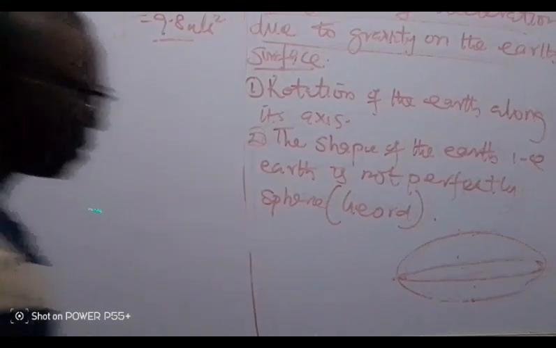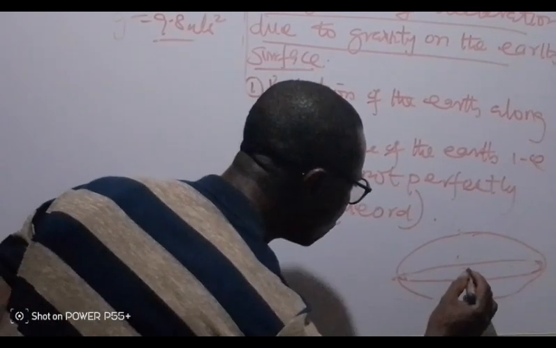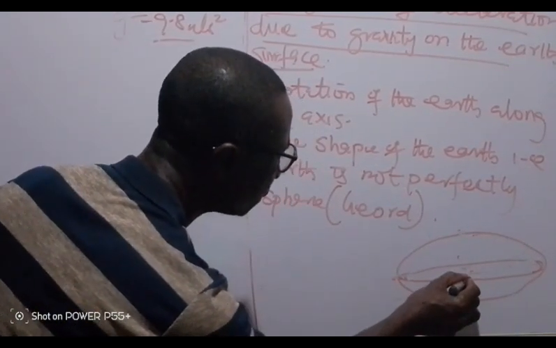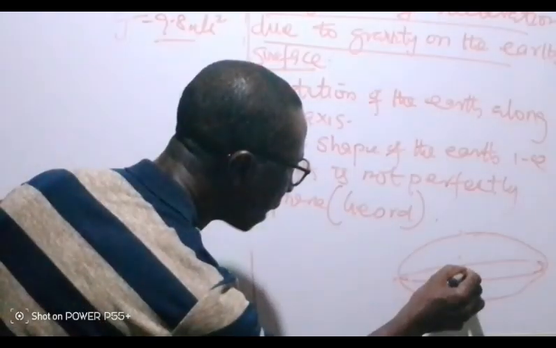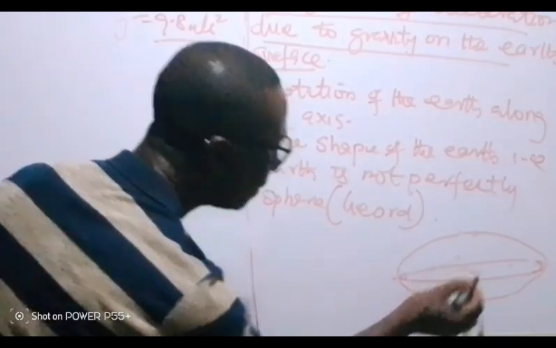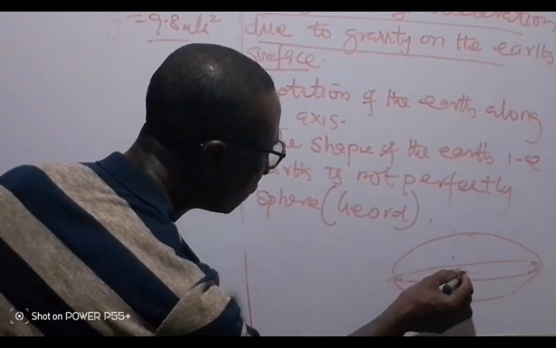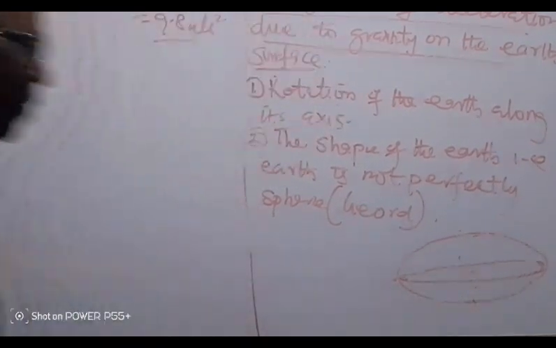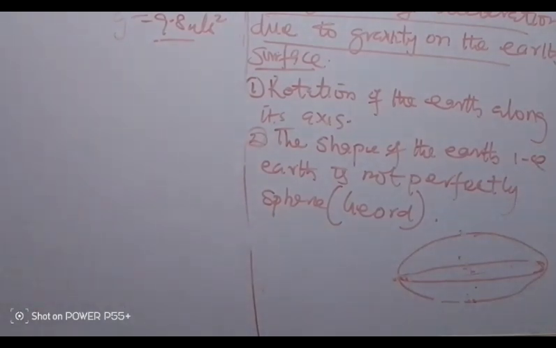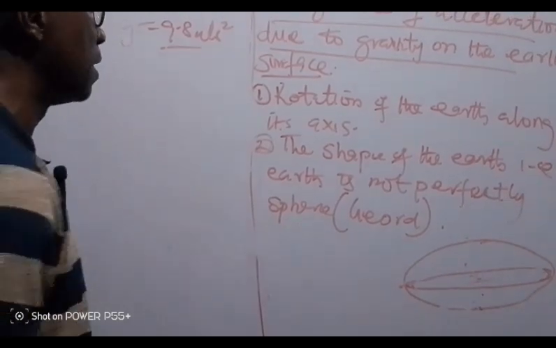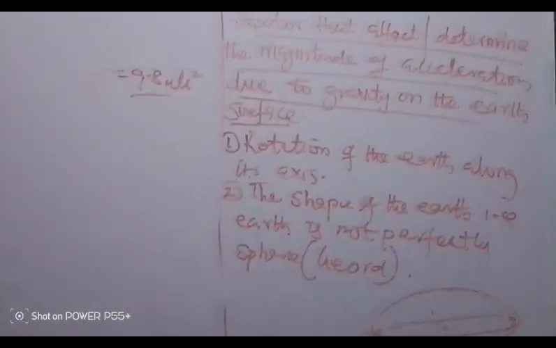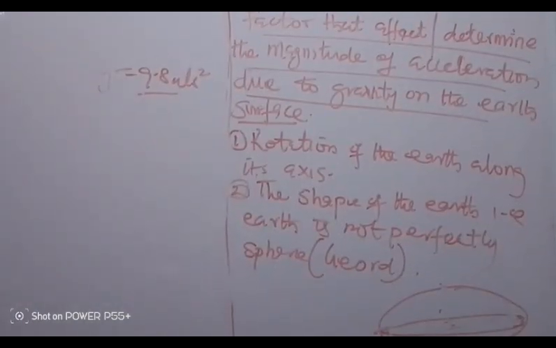Therefore, according to what we had on altitude, the distance from any part of the circumference of the Earth to the center is far, far greater than the distance of the same point from the equator to the North Pole or South Pole. So due to these three factors, the value of G always varies from place to place. And that is why we have them as factors that determine the magnitude of G on the Earth's surface.